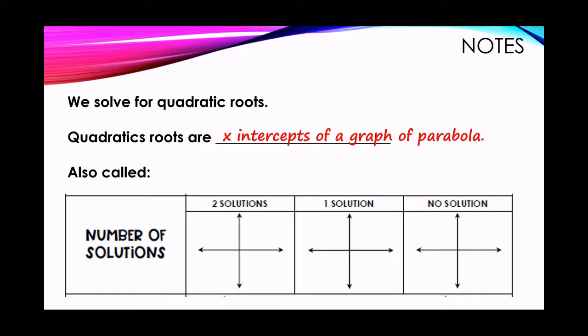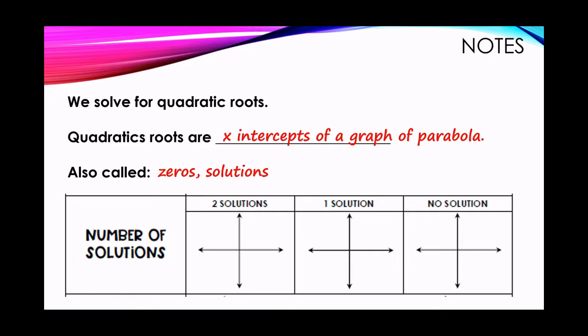And it's also called the zeros of the quadratic function, the solution. That's why when we're just talking about solving, you're actually finding the solution, which is just finding the x-intercepts of a parabola.